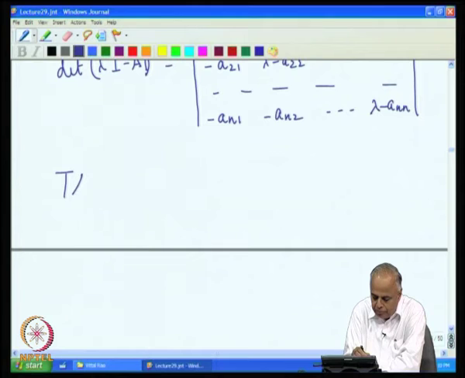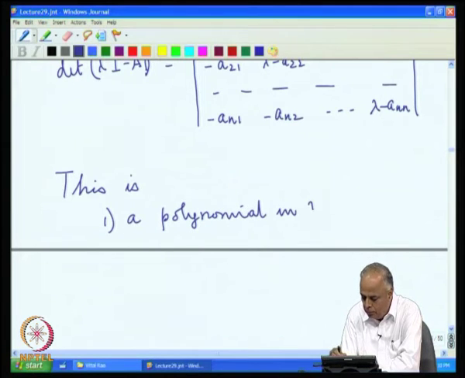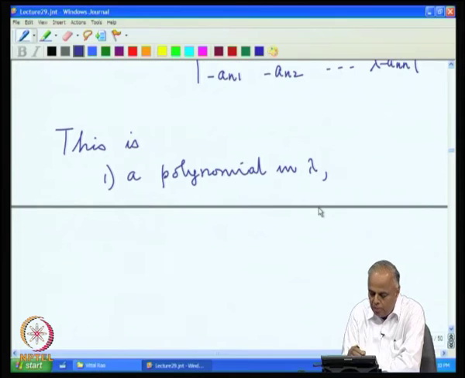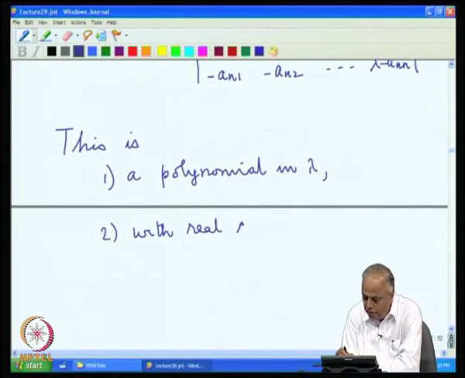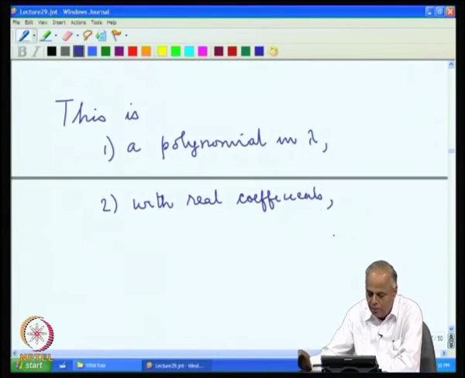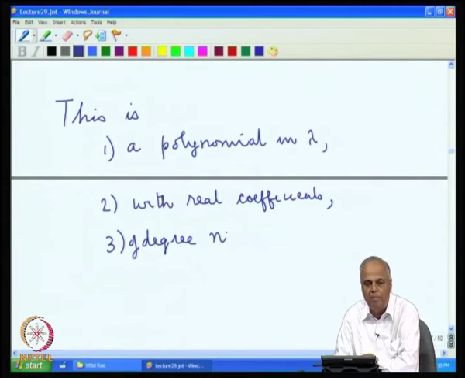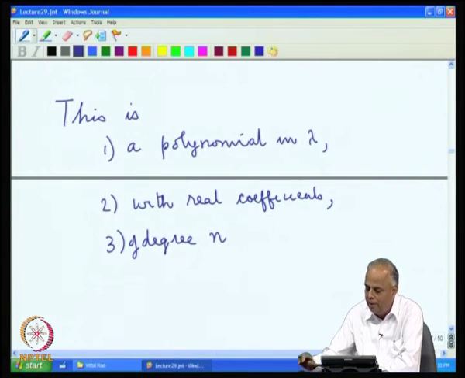So, this is one, a polynomial in lambda. Two, it is a polynomial with real coefficients, because every entry is real. So all the coefficients are going to be real in that polynomial, and the highest degree term is going to be lambda to the n, so the degree is n.